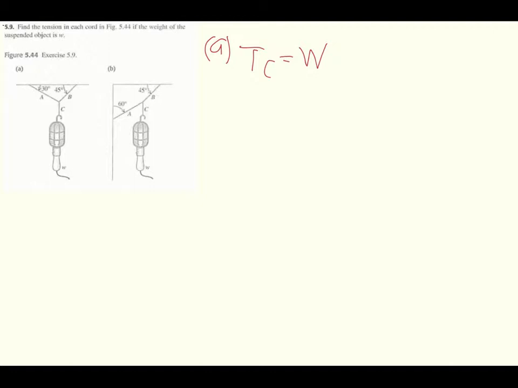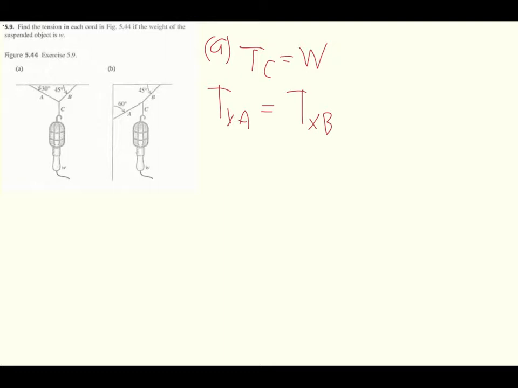And you can see that in this case, the horizontal tension of each of the cables, A and B, have to be equal. So T_xA has to equal T_xB. That just has to be so, otherwise it would shift from side to side or accelerate from left to right.